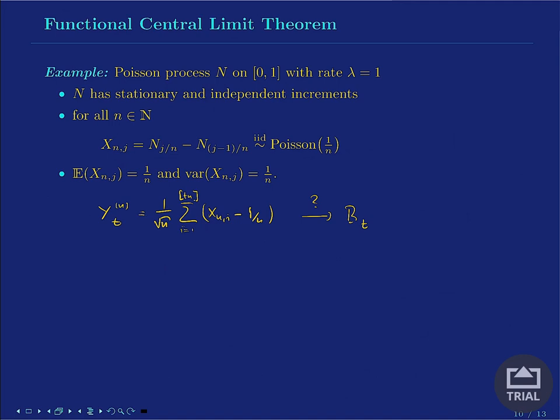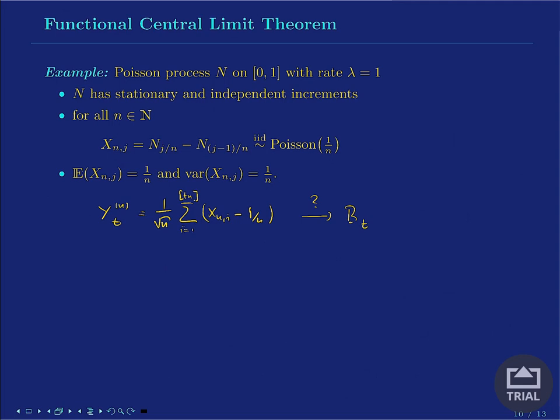if we use, so for n to infinity, what we do is that we take our Poisson process and we partition it finer and finer. So these steps here stay Poisson distributed, but the rate becomes smaller, and we get more and more of these Poisson distributed random variables, which summed up are still the Poisson process over the whole interval. So if we then also look at the fractional process here, we actually have our Poisson process.